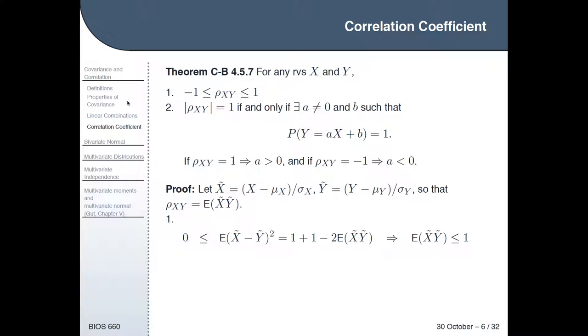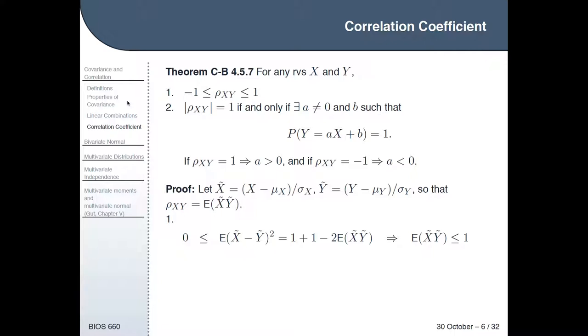So, obviously, x twiddle minus y twiddle, squared, is greater than or equal to 0 for all possible values of the random variable. So if we expand that out, we end up with the expected value of x twiddle squared plus the expected value of y twiddle squared minus 2 times the expected value of x twiddle y twiddle.